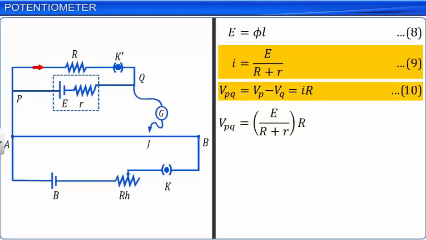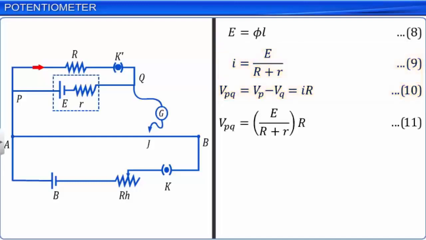In this situation, the current from the cell in the secondary circuit does not pass through the primary circuit, as points A and P are at the same potential. Contact is made on the potentiometer wire using the jockey, which is pressed at various points on the wire till we get a balancing length L', where the potential drop across the length of the wire is equal to the terminal voltage of the cell.